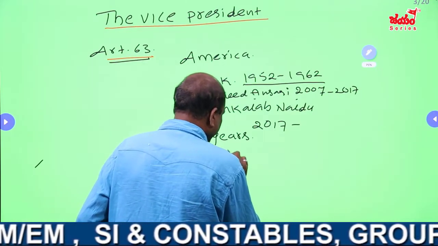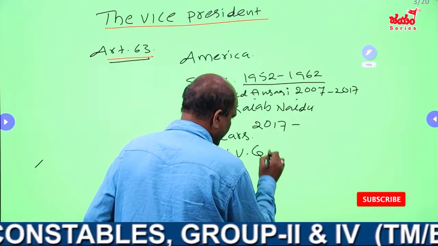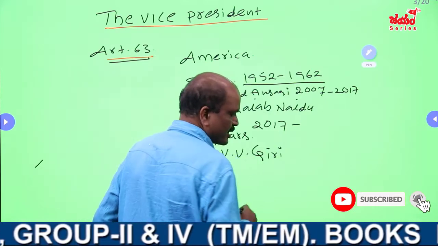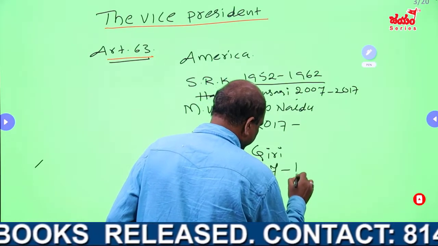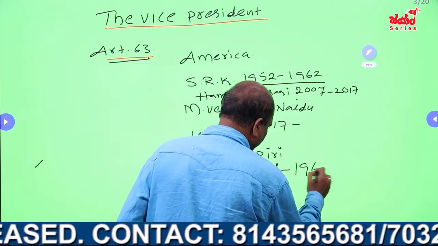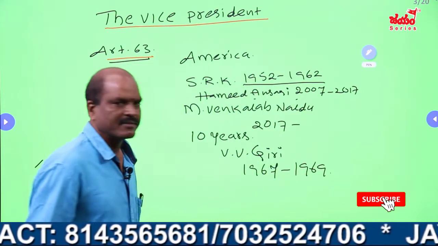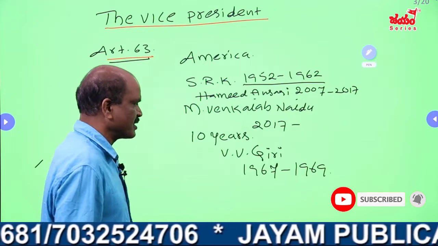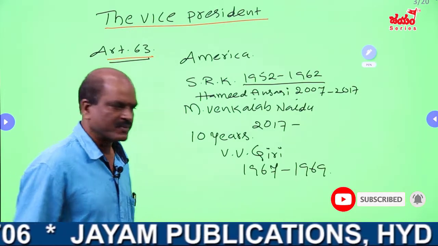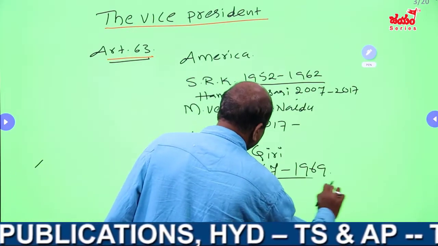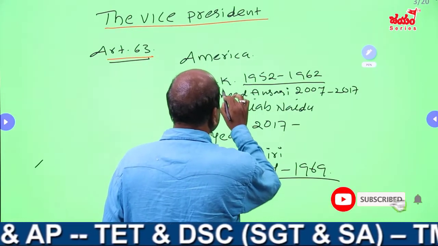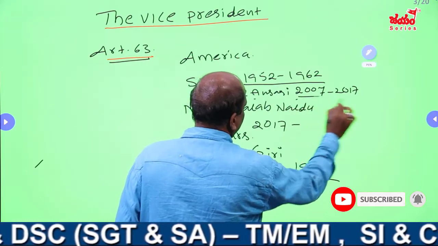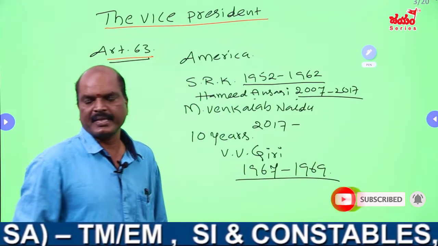And V.V. Giri, Varahagiri Venkatagiri, continued in the Vice President office from 1967 to 69. So this is V.V. Giri's period. This is the Radhakrishnan and Hamid Ansari period.